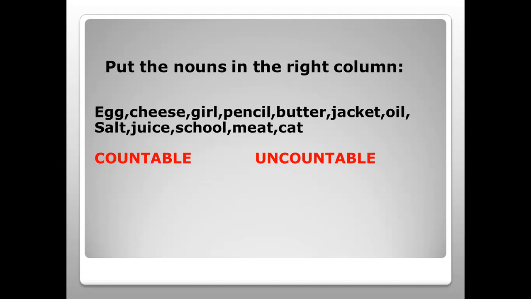So if we divide these words into countable and uncountable nouns, let's start. Egg is a countable or uncountable noun? Yes, egg is a countable noun. Why? Because I can count it.